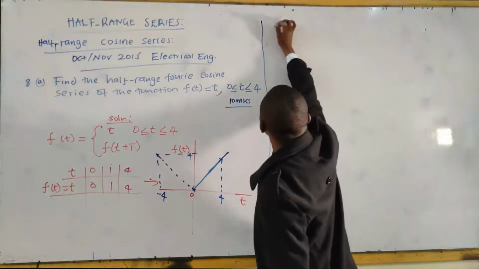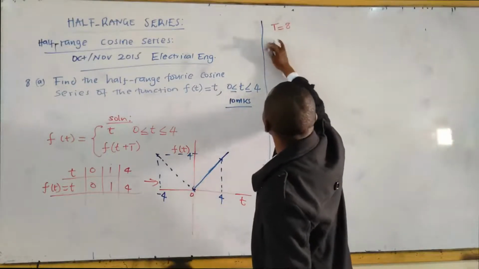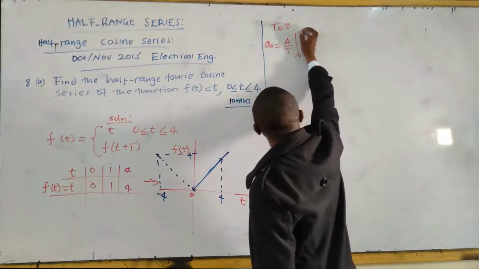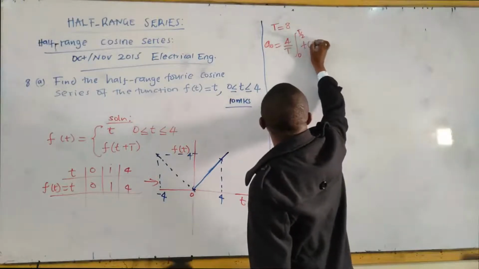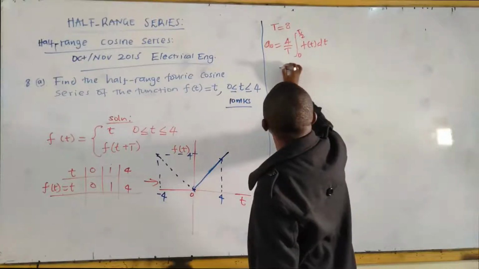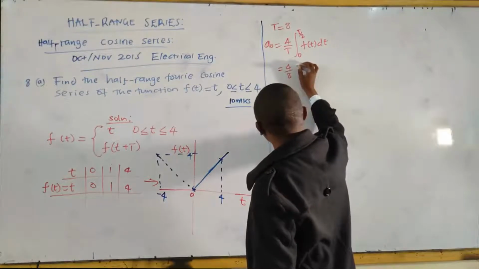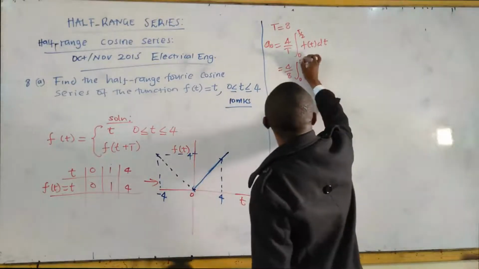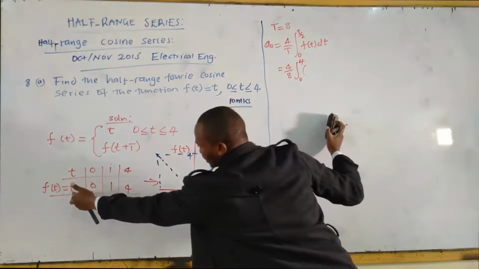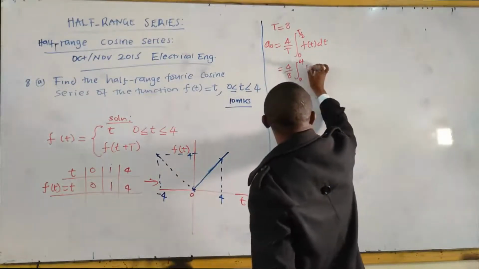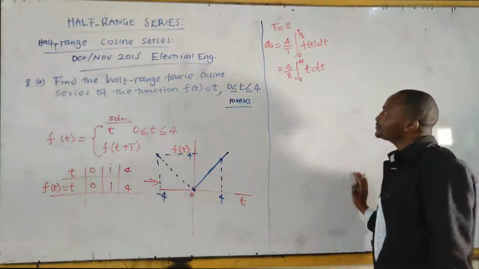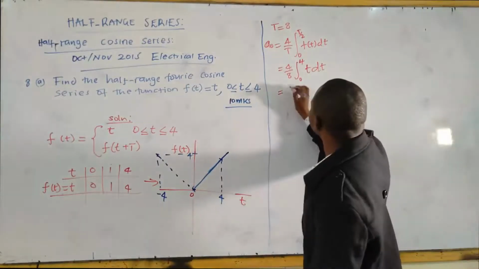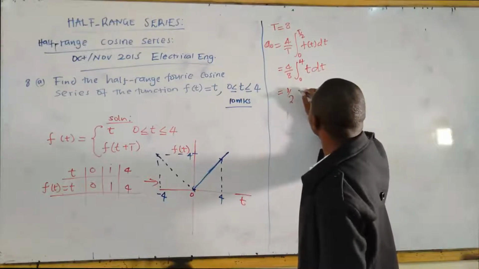Now you have T equal to 8. A naught is equal to 4 over T, integrate from 0 to T over 2, function of t with respect to t, which is equal to 4 over 8, integrate from 0 to 4, and the function is t, with respect to t.